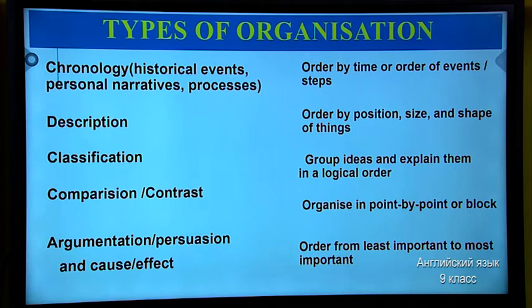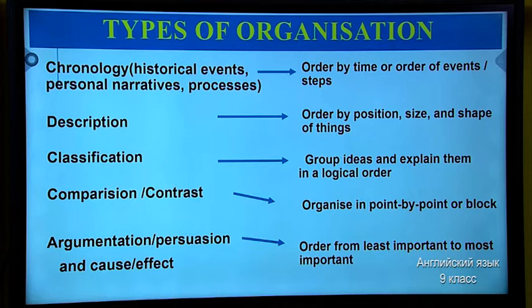Good. Type of organization. Chronology. What does it mean? You should pay attention. Chronology, it means order by time or order of event steps. Next one, description, order by position, size, and shape of things.